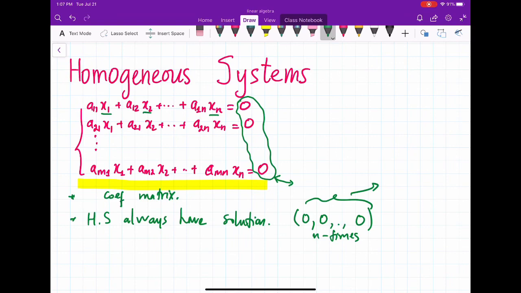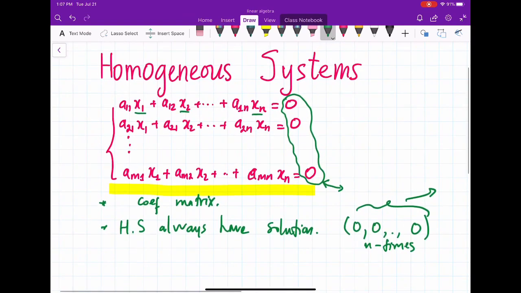Okay, so we know that a system of linear equations may have only one solution, may have infinitely many solutions, or may not have any solution. But in this case, a homogeneous system already has the zero solution, right? So we need to clarify how many solutions a homogeneous system may have.